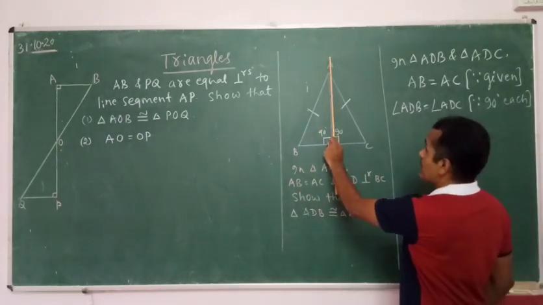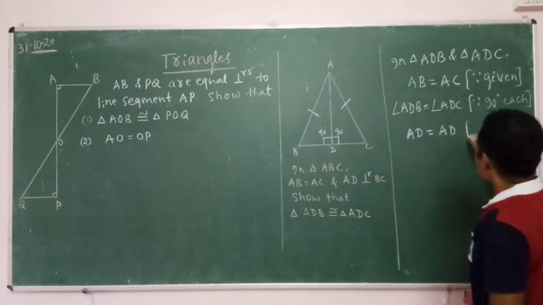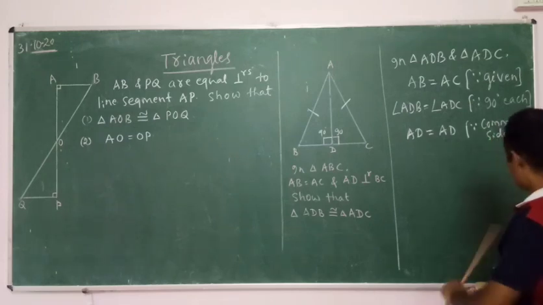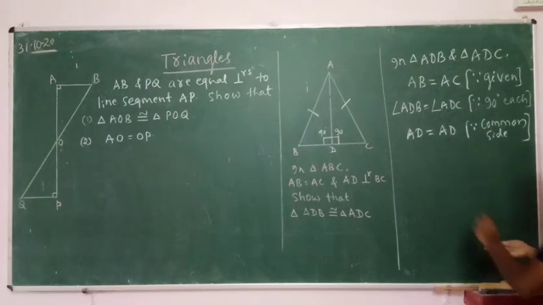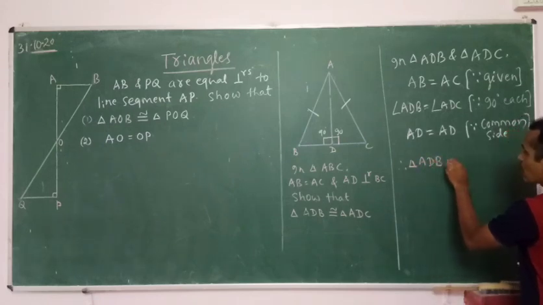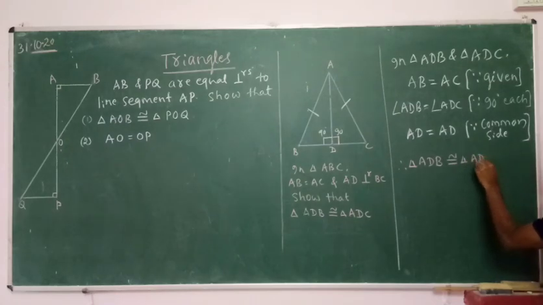Third thing, I can write AD is equal to AD. This is because of the common side for both the triangles, and I can write therefore triangle ADB is congruent to triangle ADC.